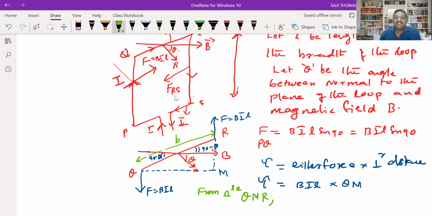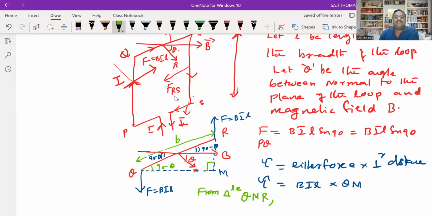See the triangle. So this angle is 90 degree. Just I marked 90 degree. And what will be this angle? This 90 minus theta. Did you see 90 minus theta? So this angle also will be 90 minus theta, this vertically opposite angle. Okay.